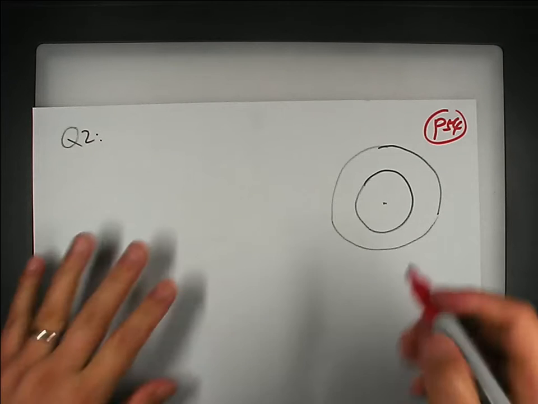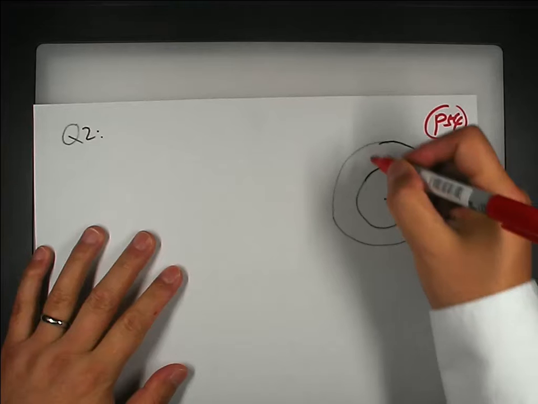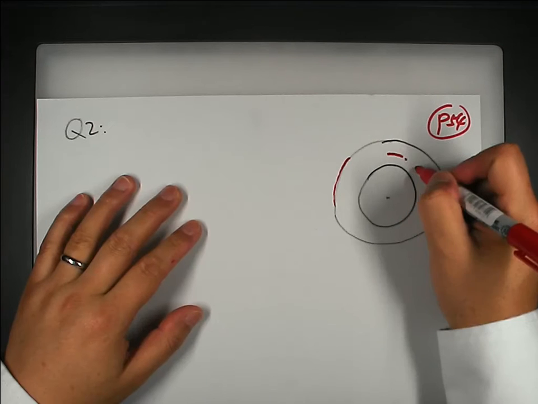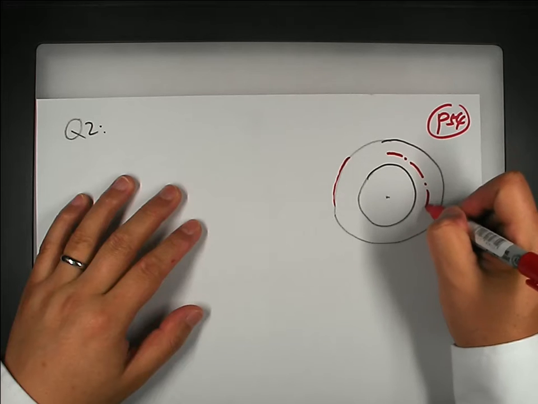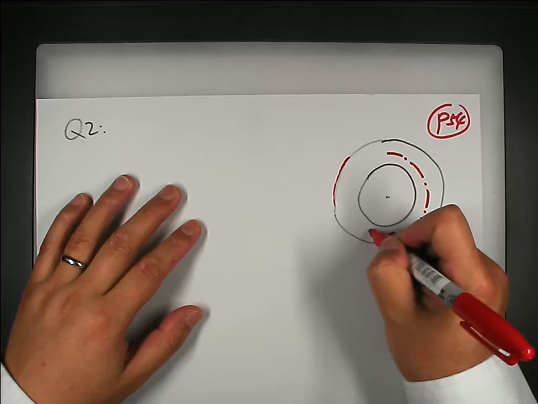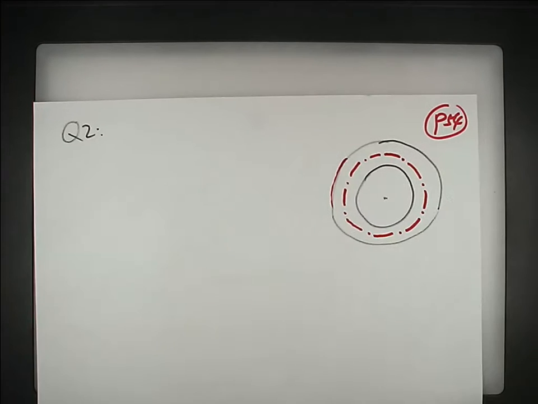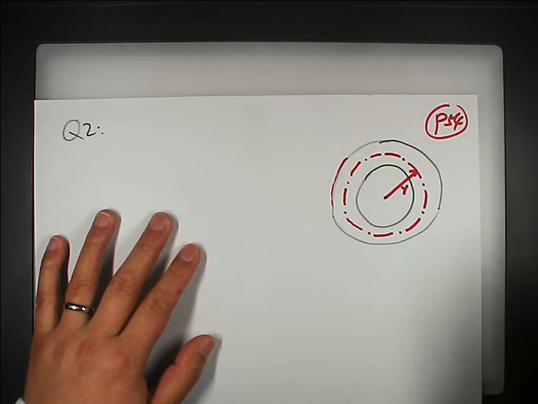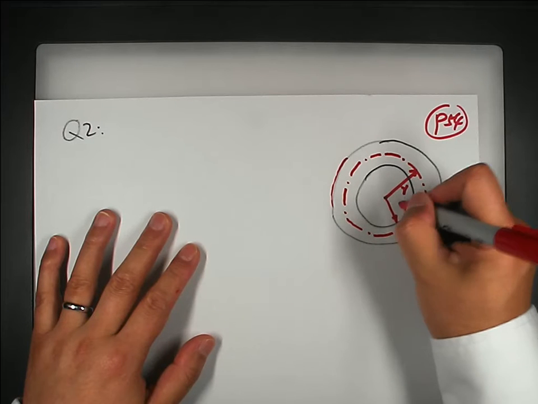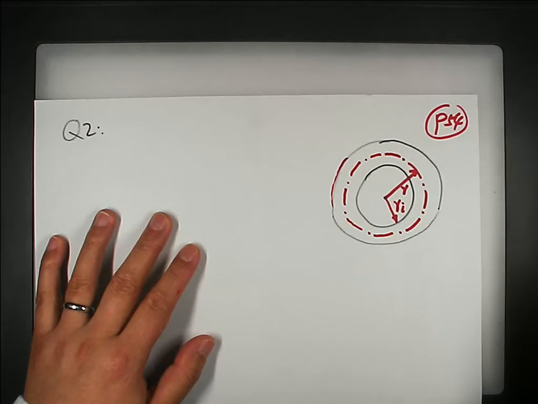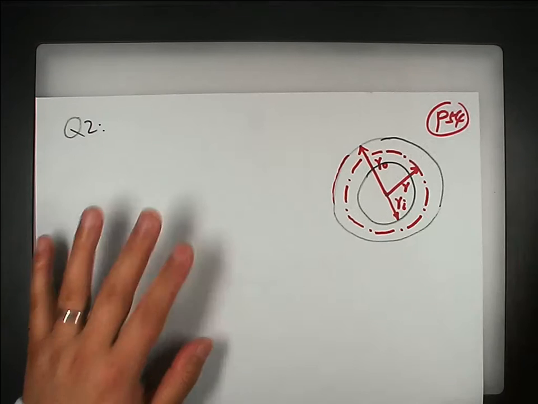Because this is the outer radius and this is the inner radius, the radius should be in the middle line. This is radius R, and this one is inner radius Ri, and outer radius Ro.